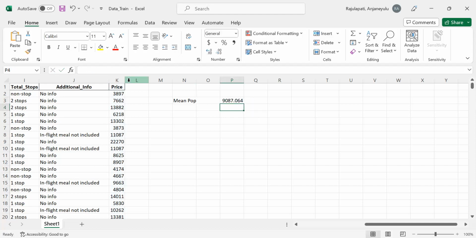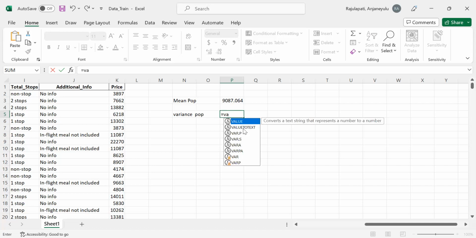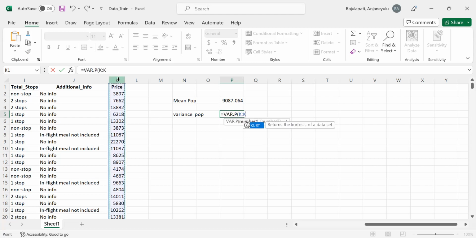Okay, fine. Now let me go ahead and find the variance. For the variance of the population in Excel, you can use VAR.P and give the data.